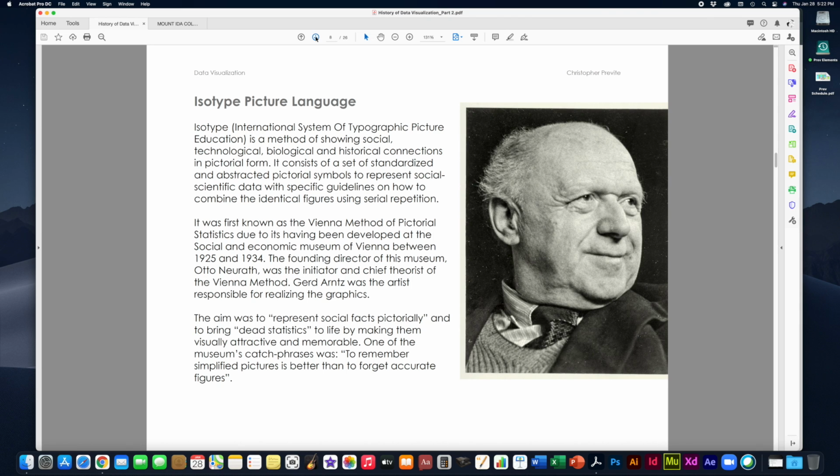So this whole system was developed in Vienna, Switzerland, between 1925 and 1934. And the director of the museum where it was developed, Otto Neuwirth, who you can see on the right here, he was the initiator and chief theorist of this, meaning he didn't develop it, but he came up with the idea for it.